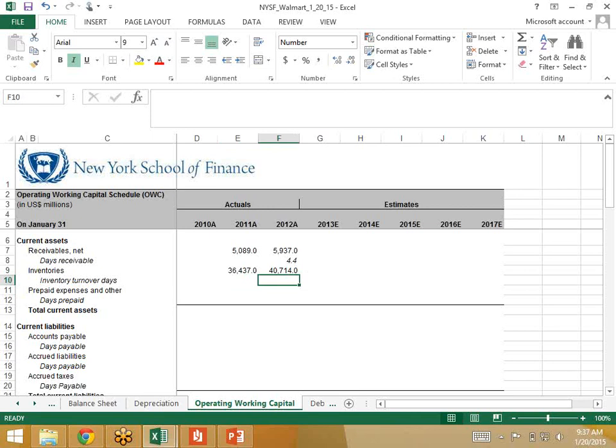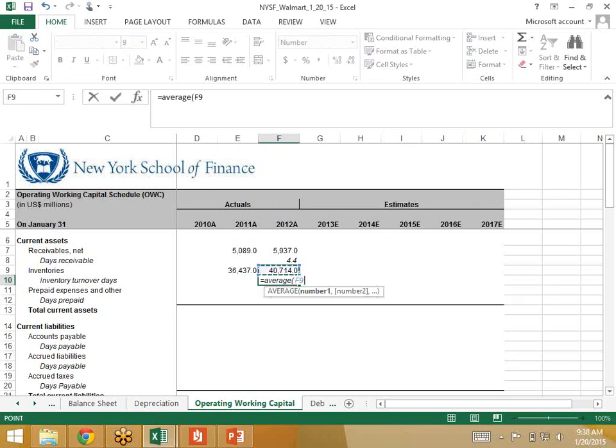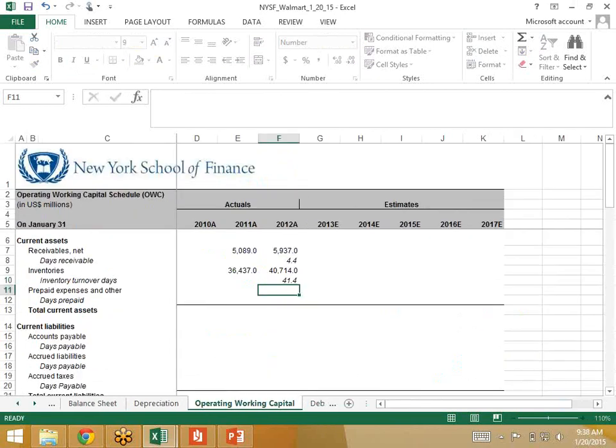What do you guys get? Okay. Yeah. So the formula in F10 is equal to AVERAGE, open parentheses, this year's inventory, comma, last year's inventory, close parentheses, divided by income statement cost of goods sold, times 360. 41.4, right?